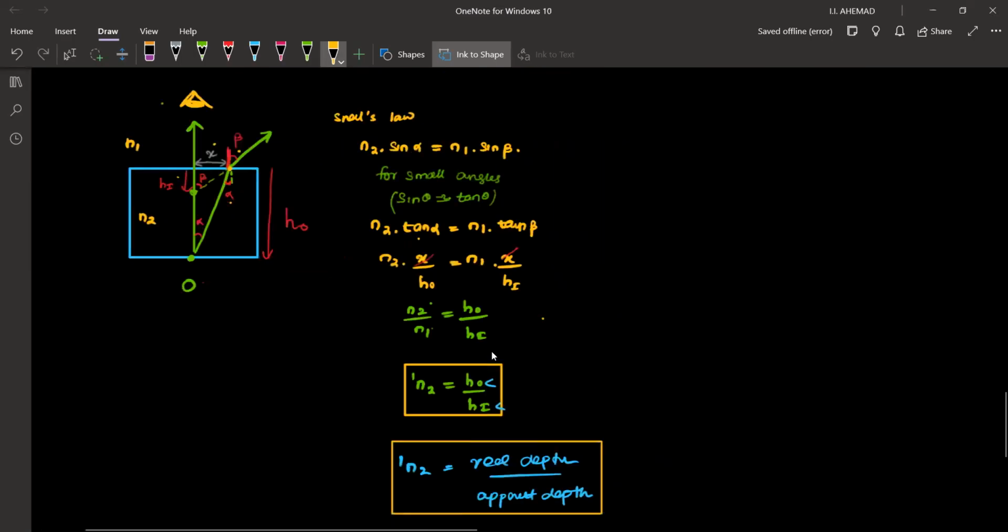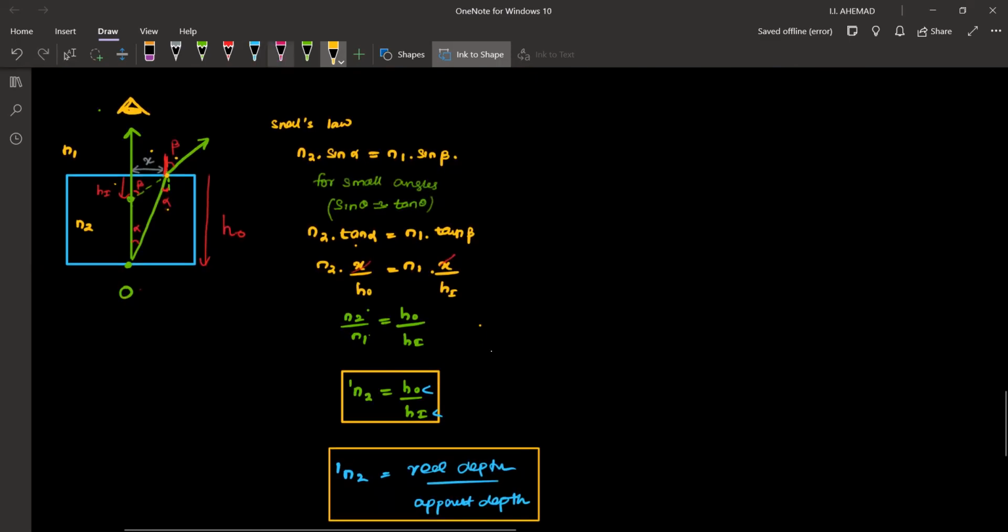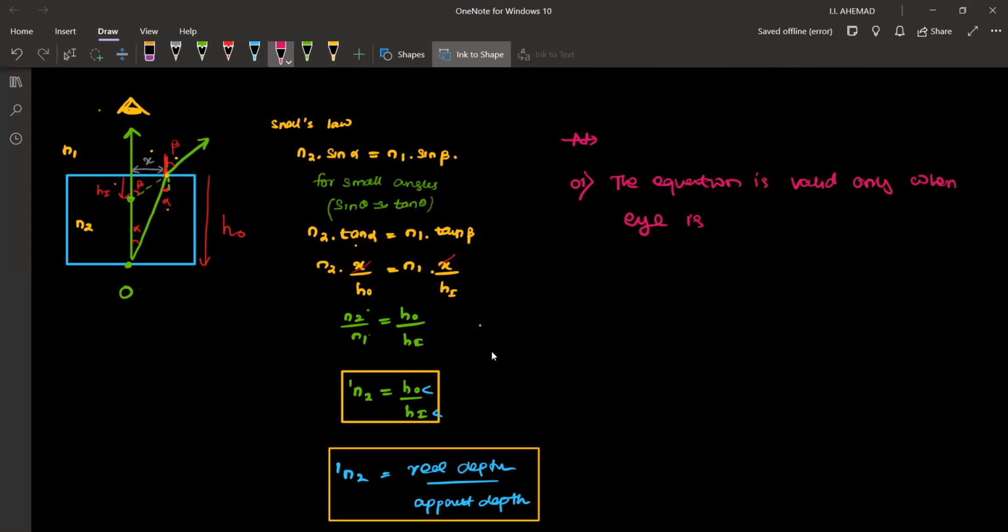So, the first thing is the equation is valid only when I is placed upright to the object, because one of the light rays we considered is also perpendicular, which is only possible if we place it upright.